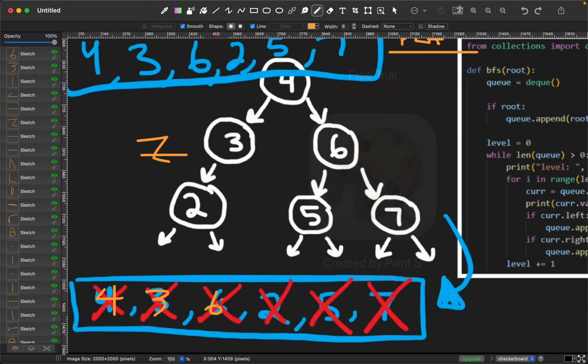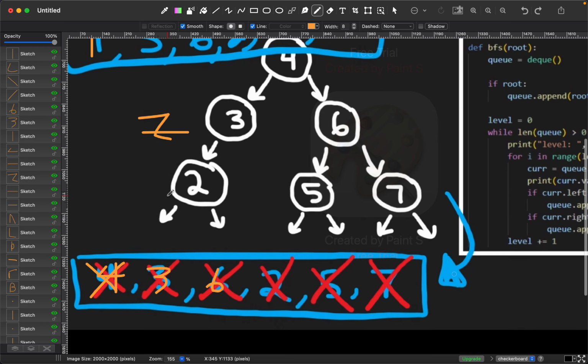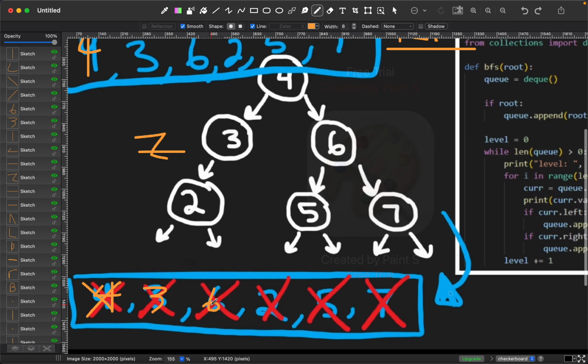And the thing about this is that each time, before it goes to the next level, it pops the value and prints it out. So it pops and then prints the 4, and then 3 and 6 before moving to the next level.